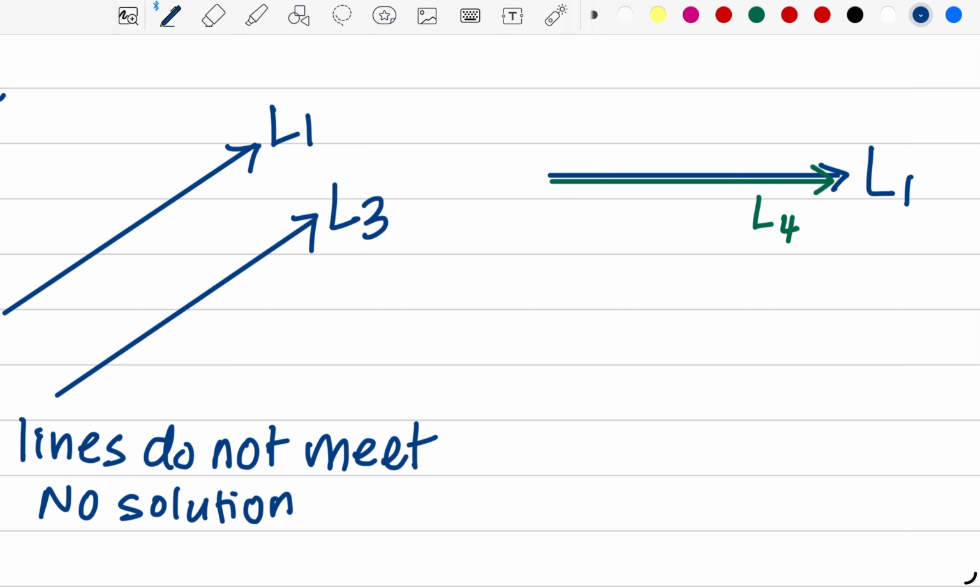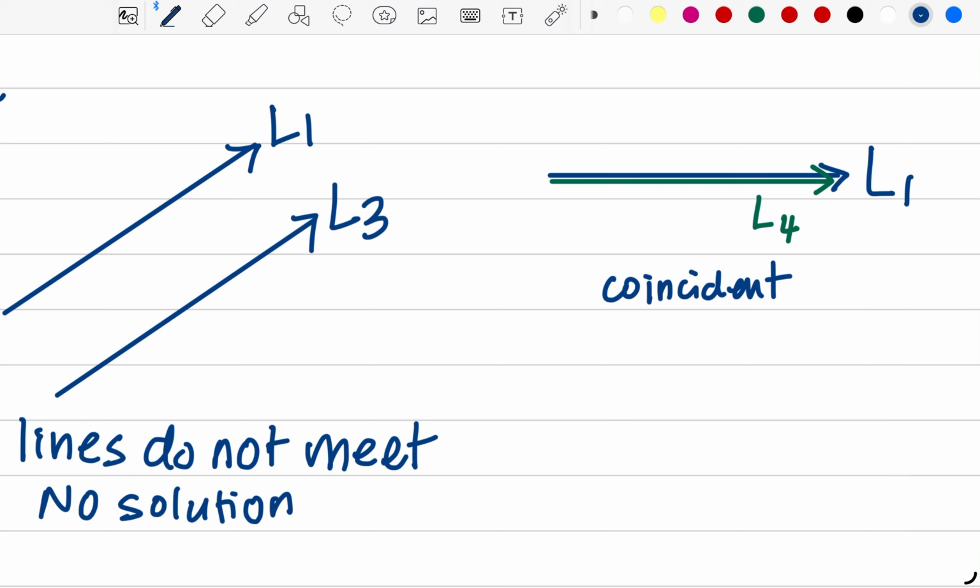So because line 1 is coincident with line 4, the solutions over here is a line.